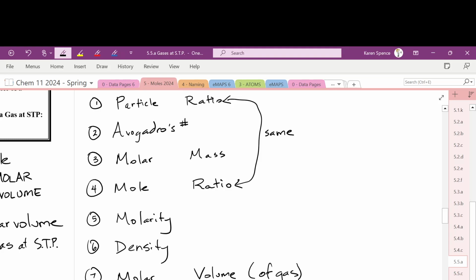Very good. All right. Things to pay attention to is in molarity. This is for solutions only.